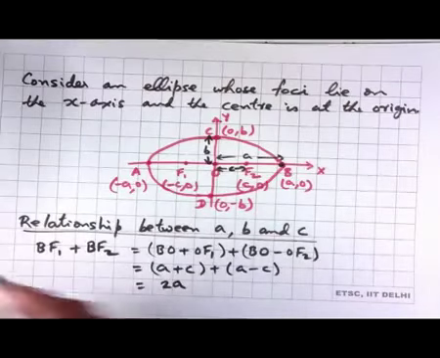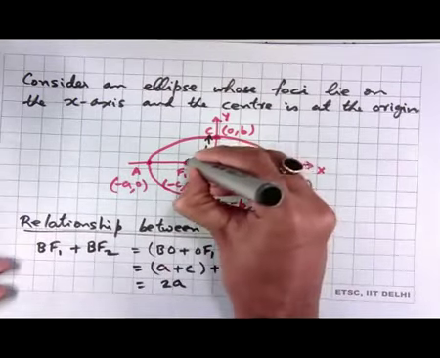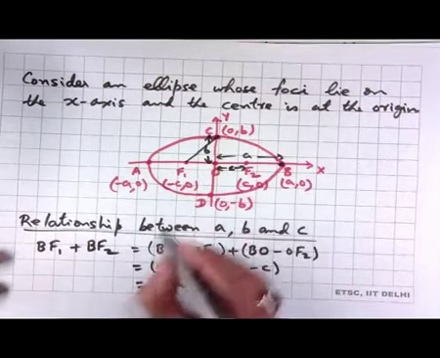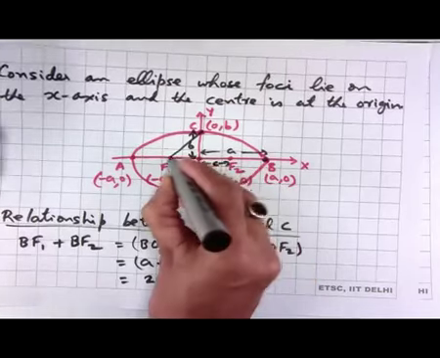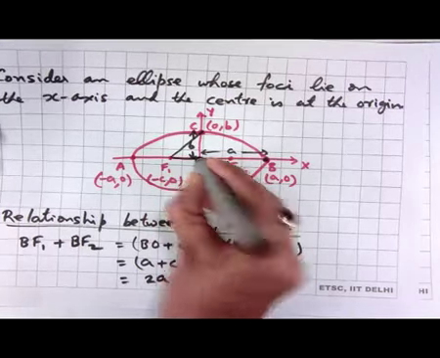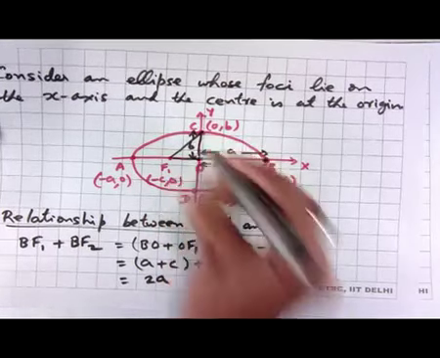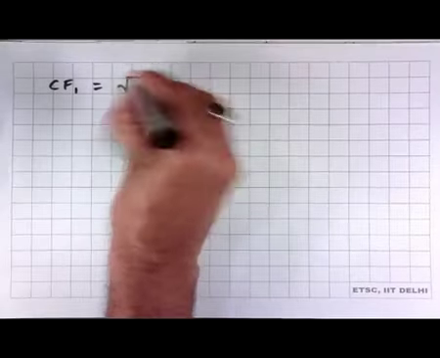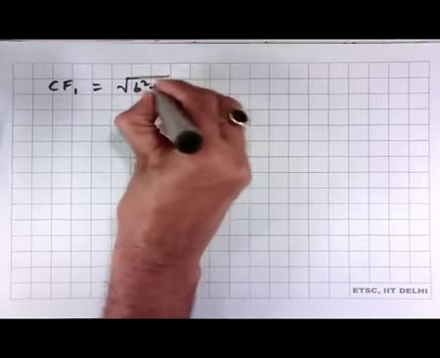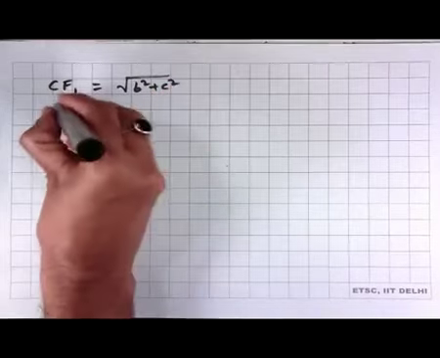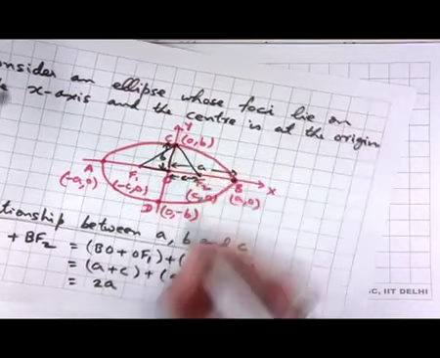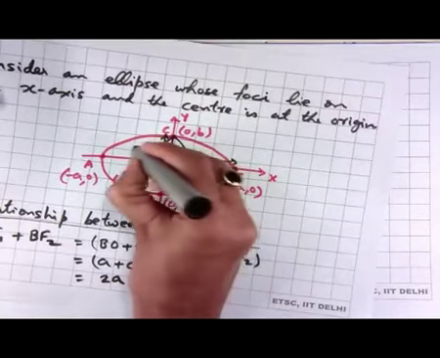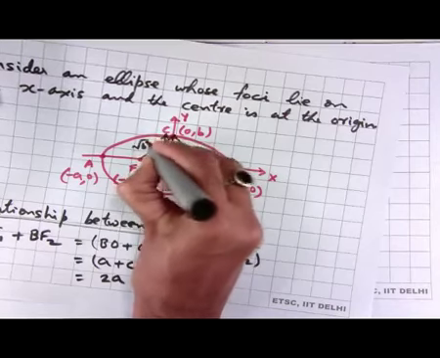If I draw this, CF1 is equal to the square root of b square plus c square, and CF2 is again the same, the square root of b square plus c square.